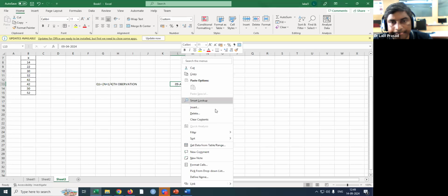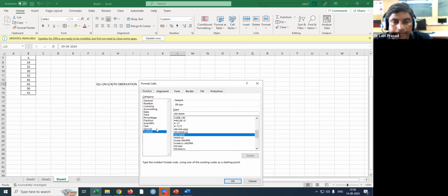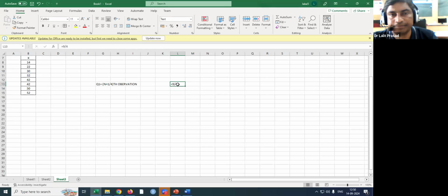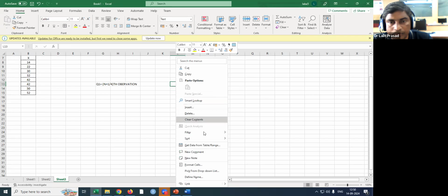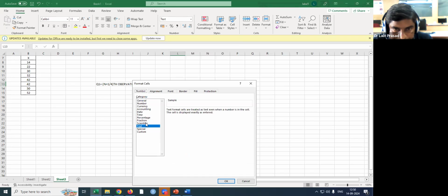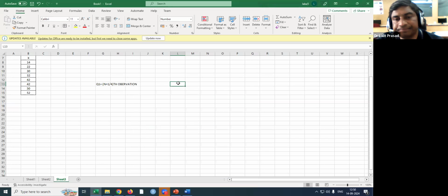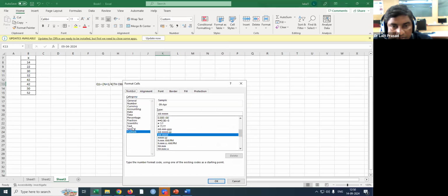So what will be the value we'll get? 9 divided by 4. अच्छा ये डेट के फॉर्म में है इसलिए ऐसा दिख रहा है. फॉर्मेट सेल इसको टेक्स्ट कर देता हूँ.